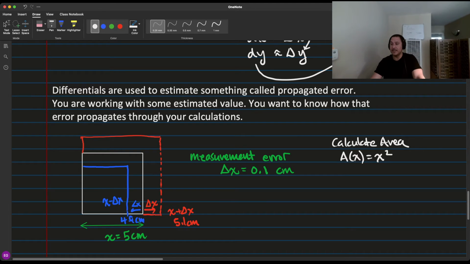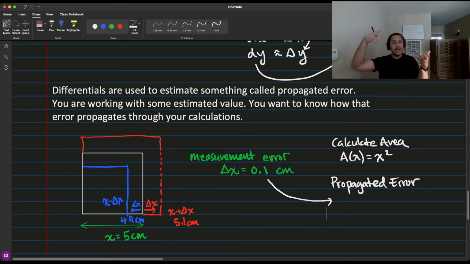Now the question is, because you measured the side incorrectly, that means that you're also going to get an error in the actual area. That's what we mean by propagated error. You're going to take your measured side, use it to calculate an area, and because you measured the side incorrectly, you're also going to have an incorrect area.